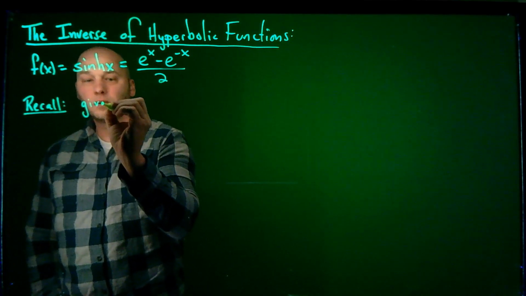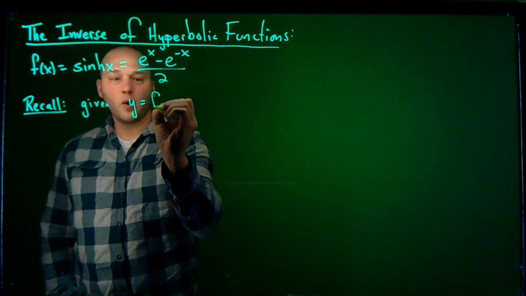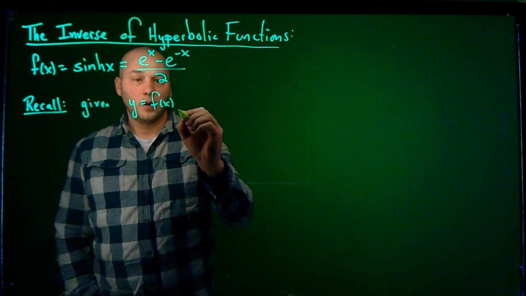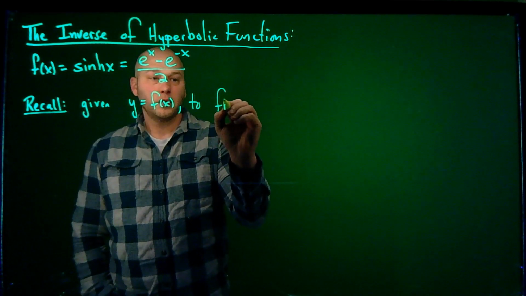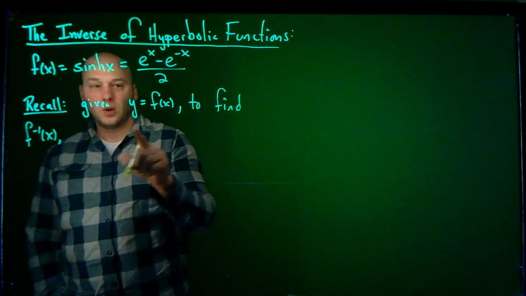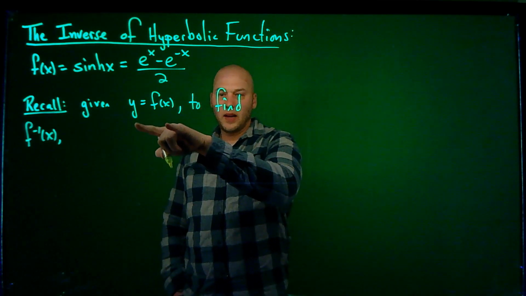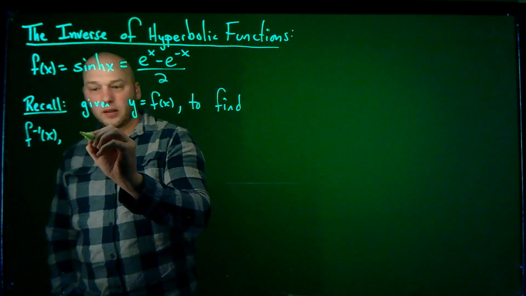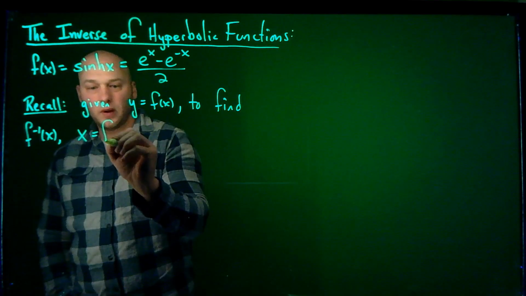given a function of the form y equals f of x, to find f inverse, we take this, think of it as an equation, and I'm going to write this as x is equal to f of y.